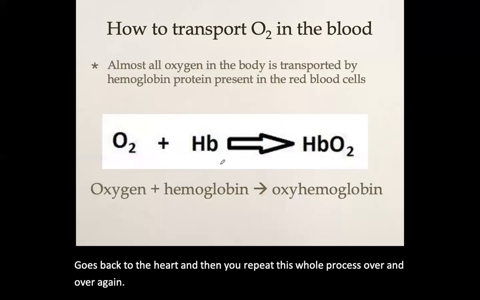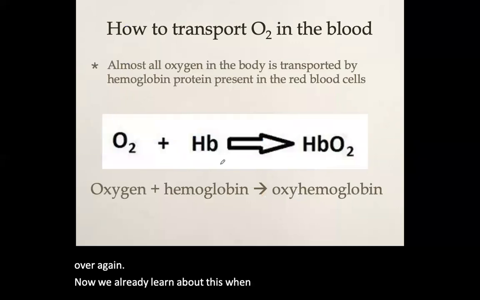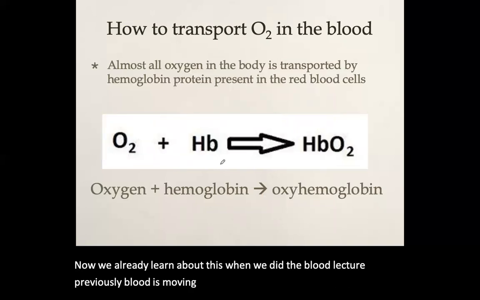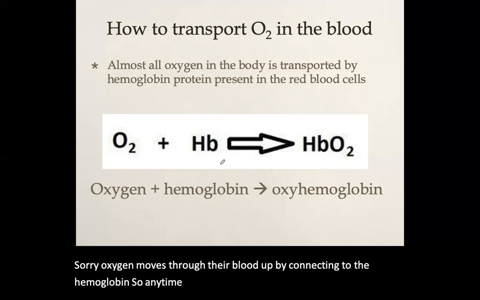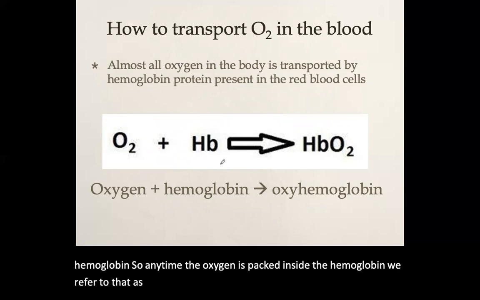Now, we already learned about this when we did the blood lecture previously. Oxygen moves through the blood by connecting to the hemoglobin. So anytime the oxygen is packed inside the hemoglobin, we refer to that as oxyhemoglobin.